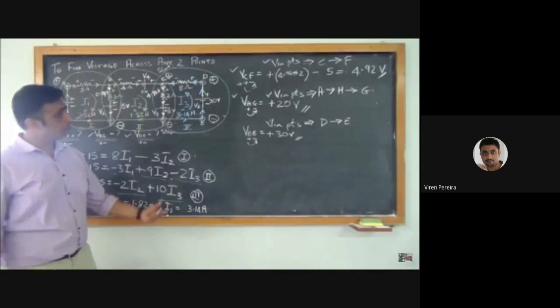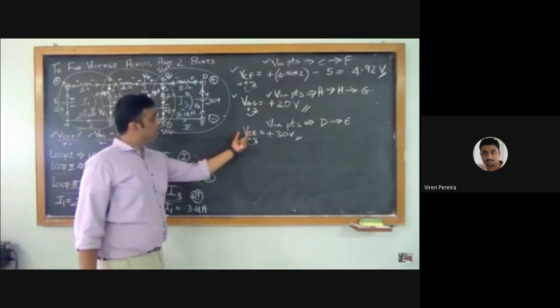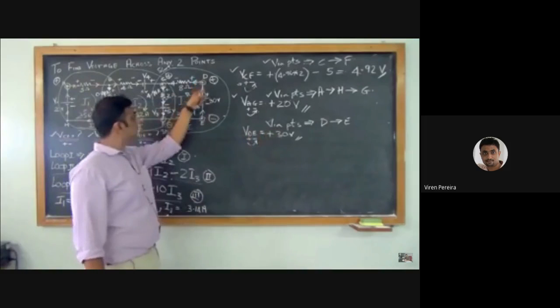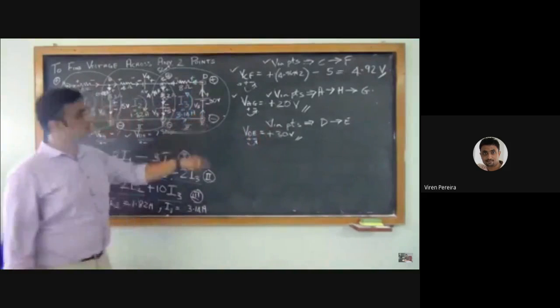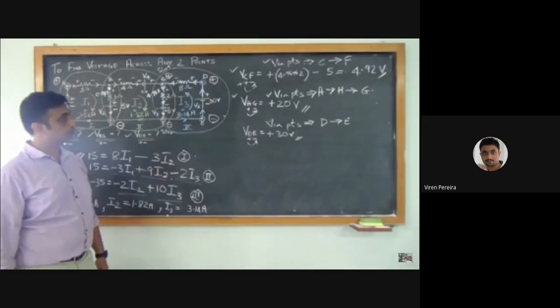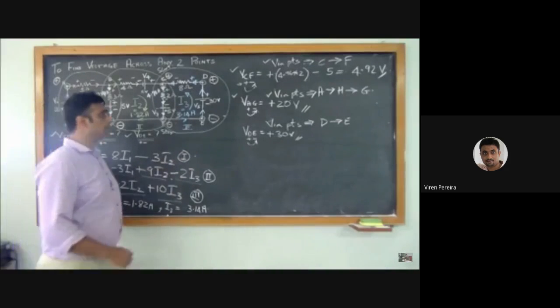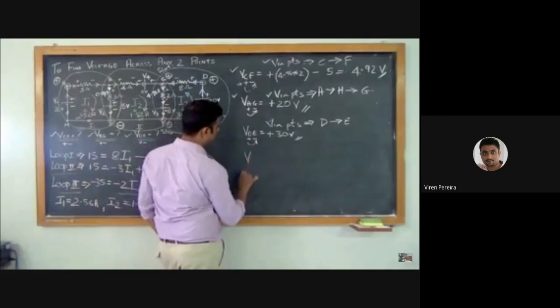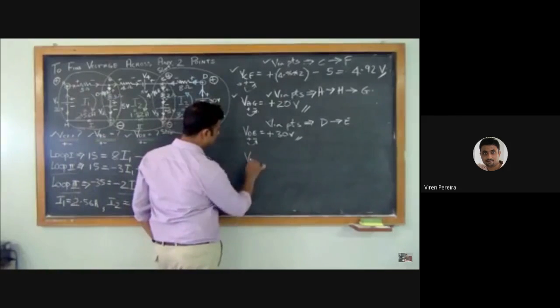Now I know the value of VDE is 30 volts, directly across points D and E. Now say I want to find out the voltage across VED.